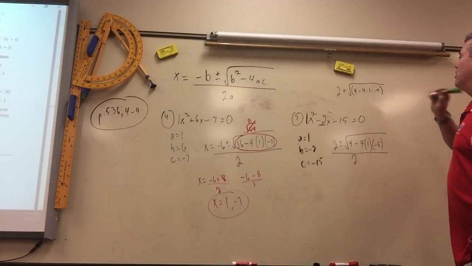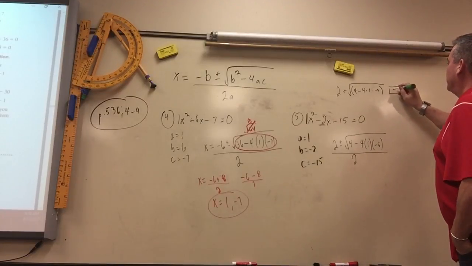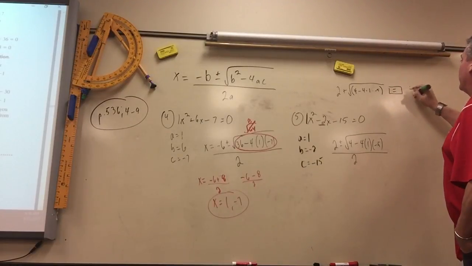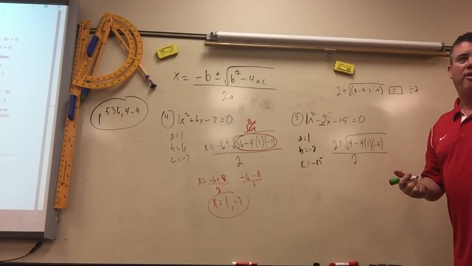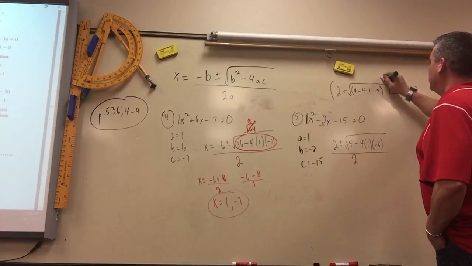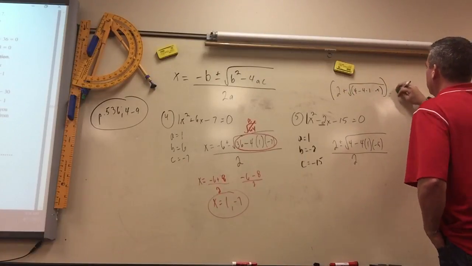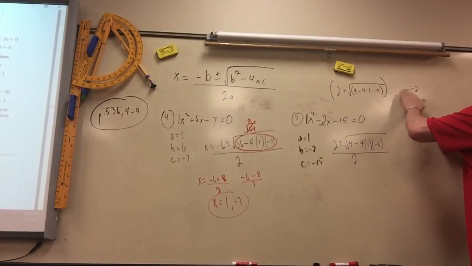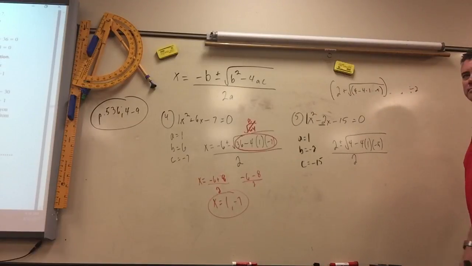Now, you would have to press equals right here before you go divided by 2. If you don't want to press equals, what you'd have to do is put a parenthesis here, because then it'll figure all that out, and then you can go divided by 2. Either way.